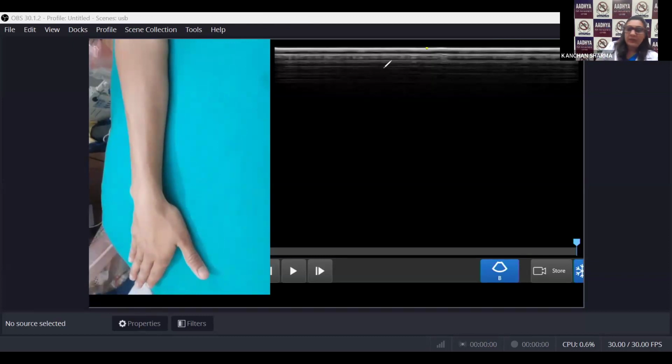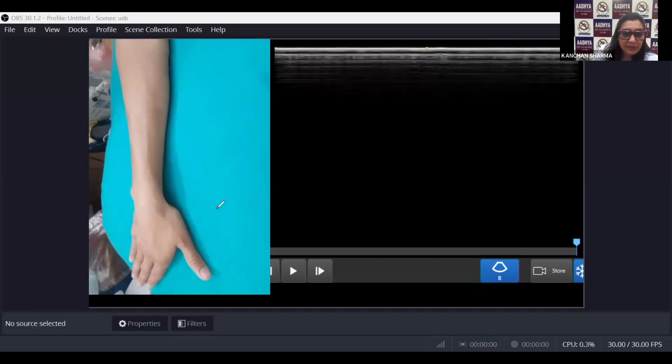As I have already told you, I do not call it lateral and medial side. I prefer calling it radial side or ulnar side, thumb side or little finger side, so that we get a 3D picture the moment I tell you I have kept my probe like that. Fine.